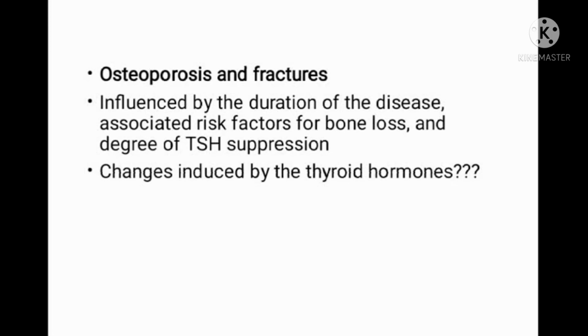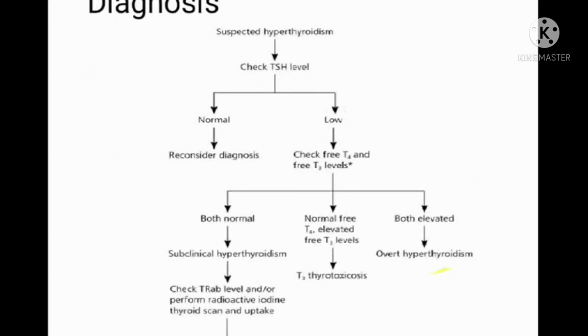What are the changes induced by thyroid hormone on the bone? These changes are usually maximal in cortical bone like the wrist, very low in trabecular bone like the spine, and of intermediate extent in mixed trabecular and cortical bone like the hip.